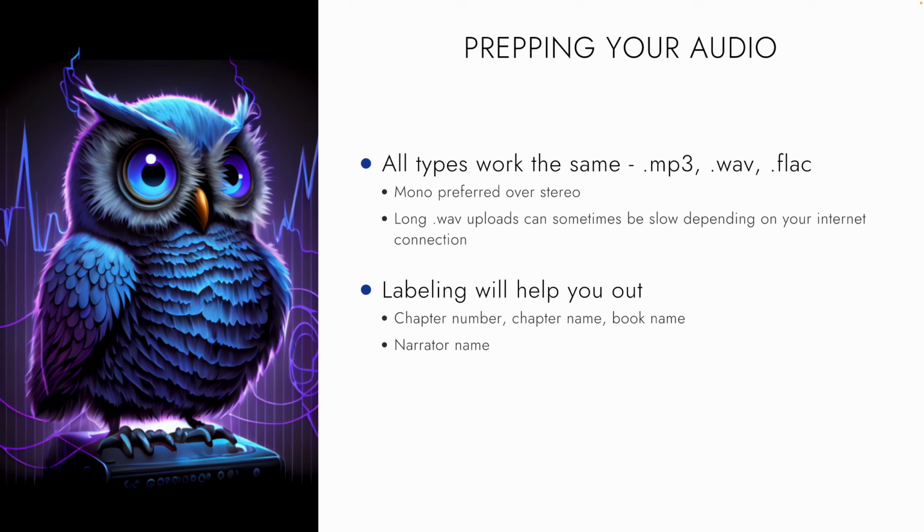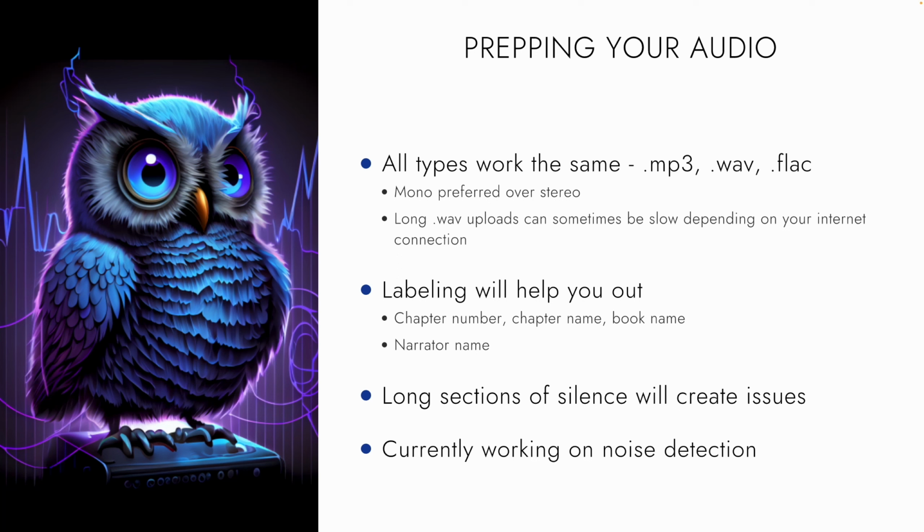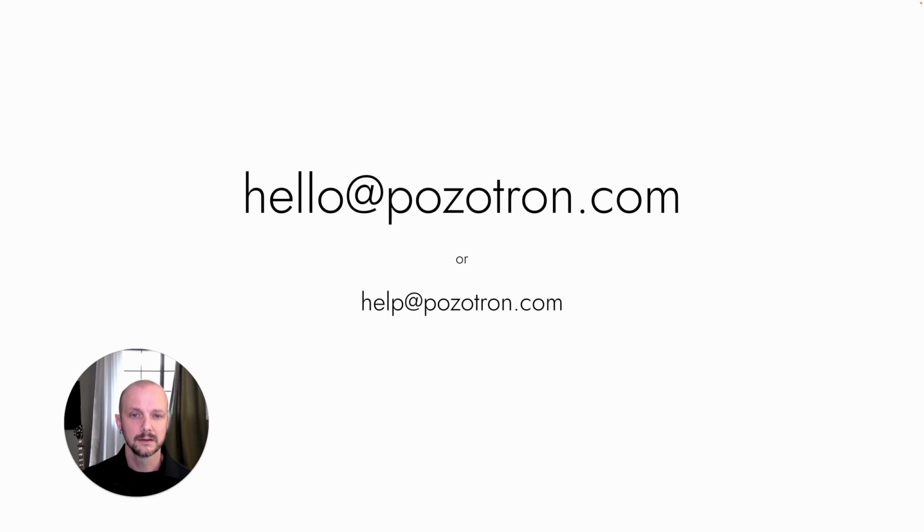If you have a consistent process for chapter numbers, chapter names, book names, or narrator names in the files themselves, that translates to an organized session. Long sections of silence will create issues inside Pozotron. We're currently working on noise detection, so there are options to enable or disable Pozotron listening for any noises that might be nonverbal.